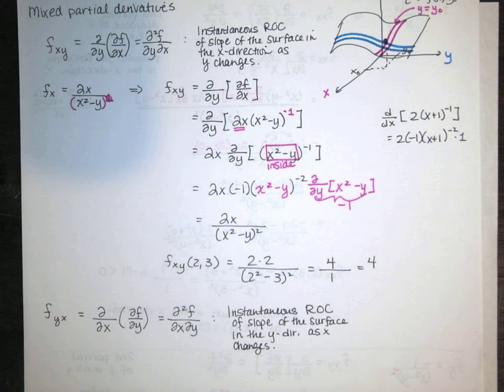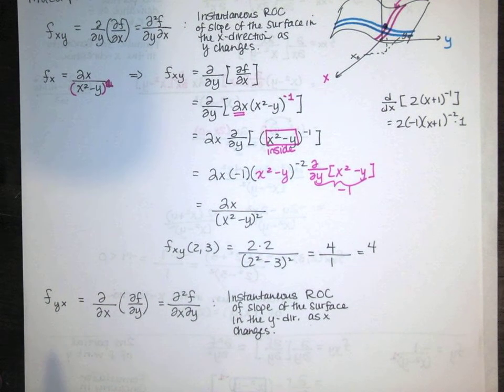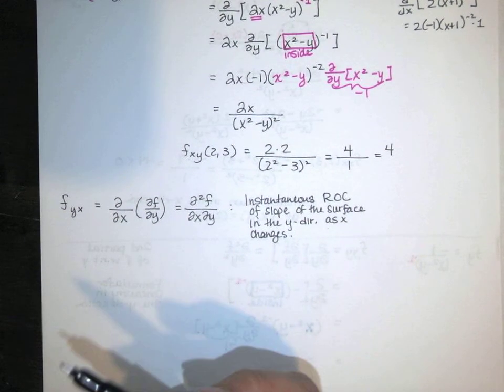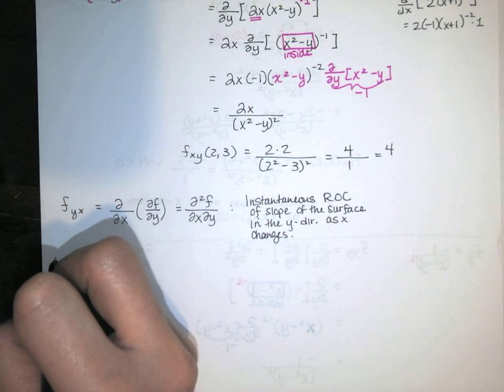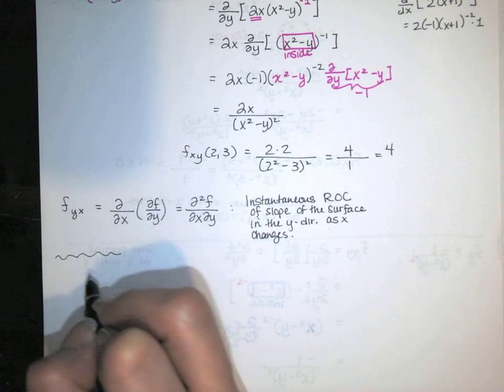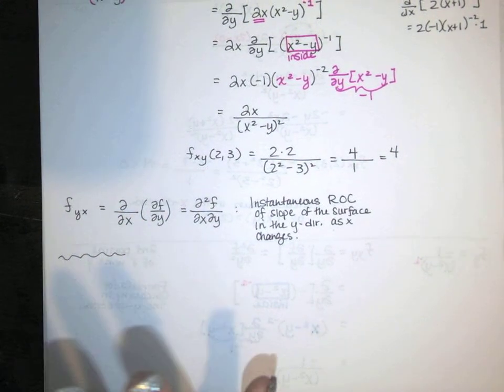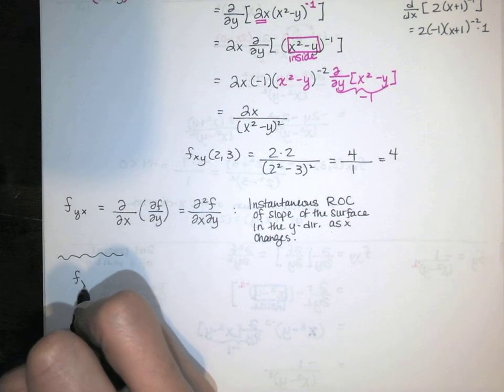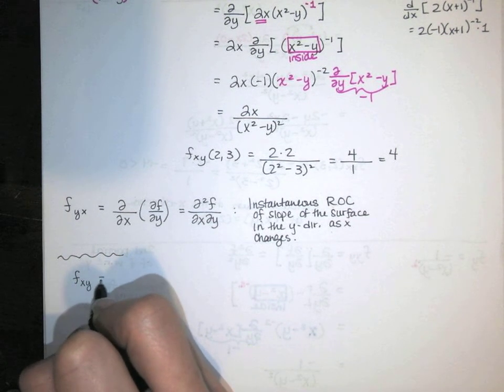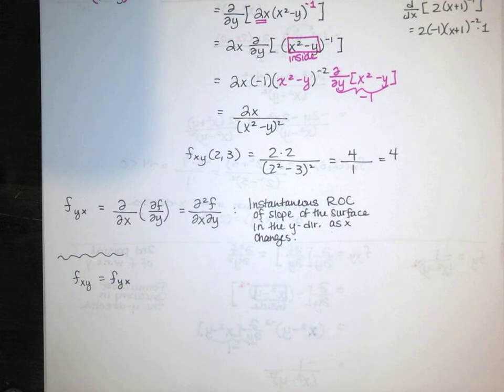Now, it turns out if your function is nice and smooth, if these partial derivatives are continuous, and we always say on an open disk, it just means in a region around a particular point, so we don't want to worry about boundaries of our surface or anything like that, it turns out these mixed partials happen to be equal to each other.